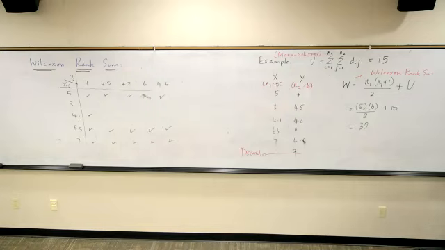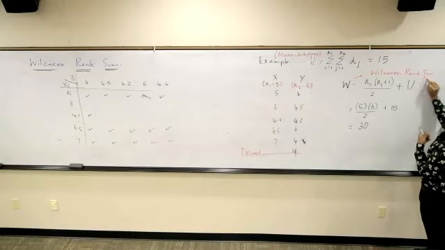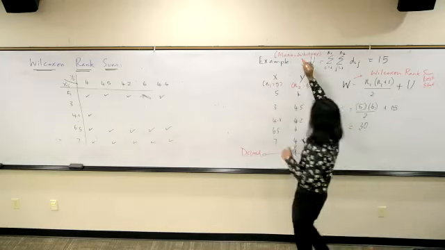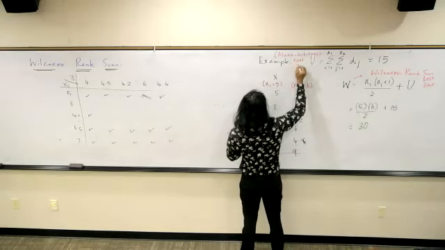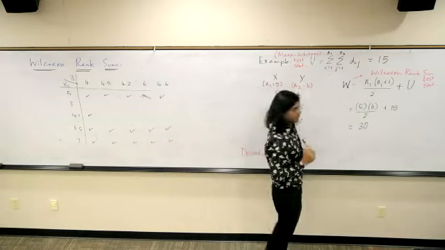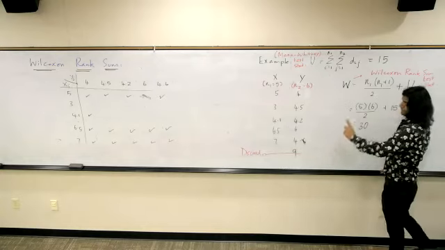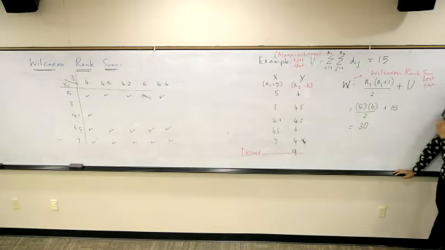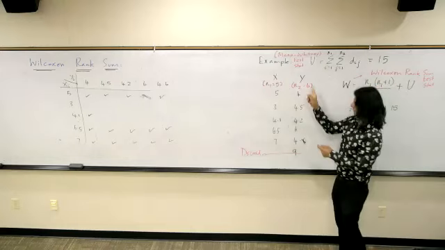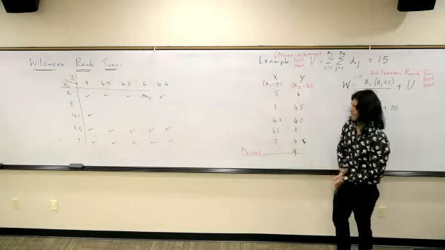So W is the Wilcoxon Rank Sum test distance. U is the Mann-Whitney test distance. And in both cases, we are going to look at the number of times where xi is greater than yj. Good. So we want to compare this with all of those, that with all of those.